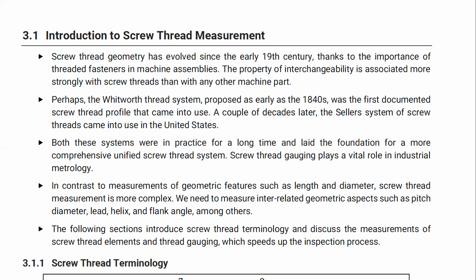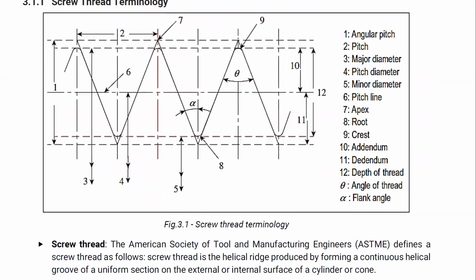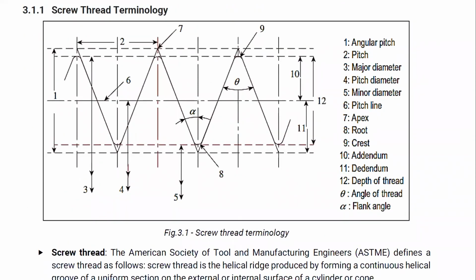We need to measure interrelated geometric aspects such as pitch diameter, lead, helix, and flank angle, among others. The sections following introduce screw thread terminology and discuss the measurement of screw thread elements and thread gauging, which speeds up the inspection process. We will start off with the screw thread terminology.